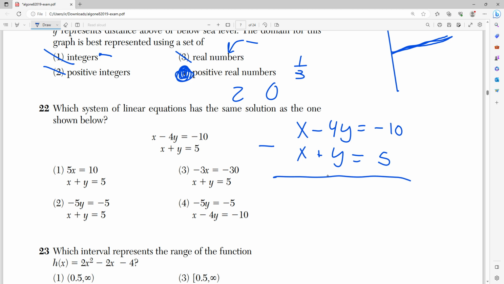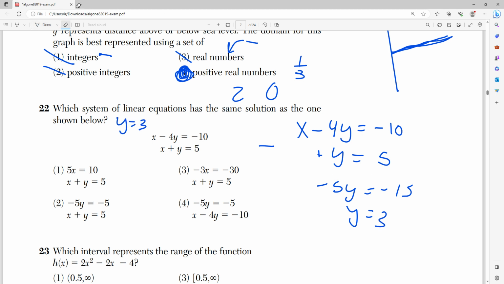So what's x minus x? x minus x is 0. What's negative 4y minus y? It's negative 5y. So you have negative 5y is equal to, what's negative 10 minus 5? Negative 15. So y is equal to 3. Now that we know the value of y, we can just plug it back into one of those equations.